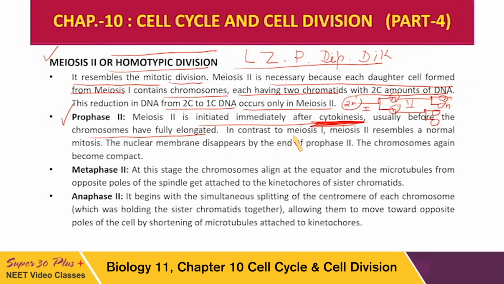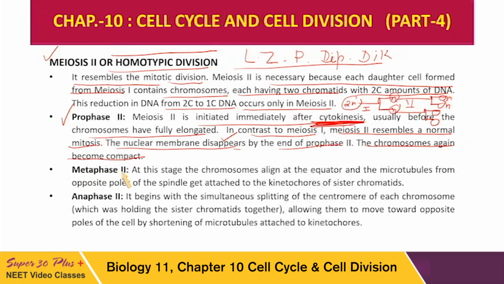In contrast to meiosis first, meiosis second resembles a normal mitosis. The nuclear membrane, if it has reappeared in cytokinesis, will disappear by the end of prophase second. Chromosomes again become compact.